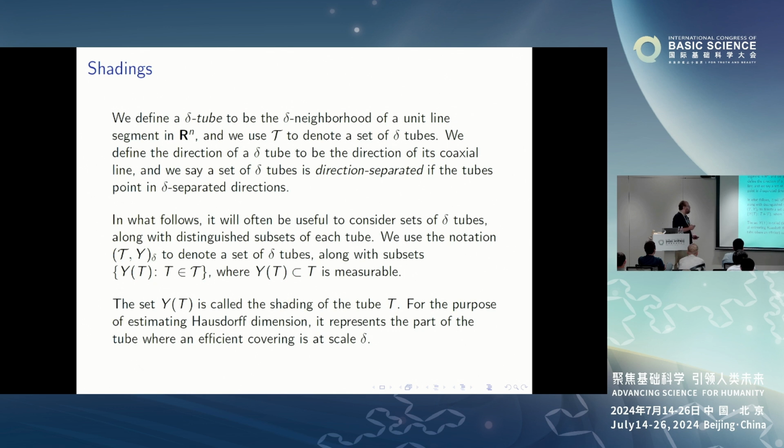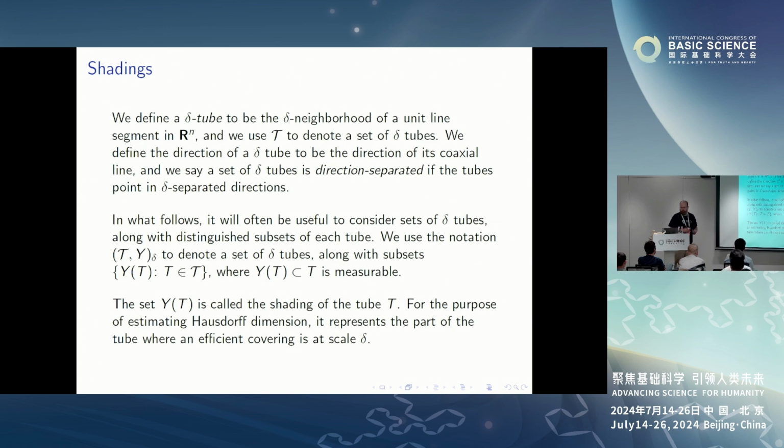And so here I've made a bunch of notation, and what this notation is for is the combinatorial, or if you like, geometric structure that you're studying at a particular scale, when you're studying the problem of bounding below the Hausdorff dimension of a set.